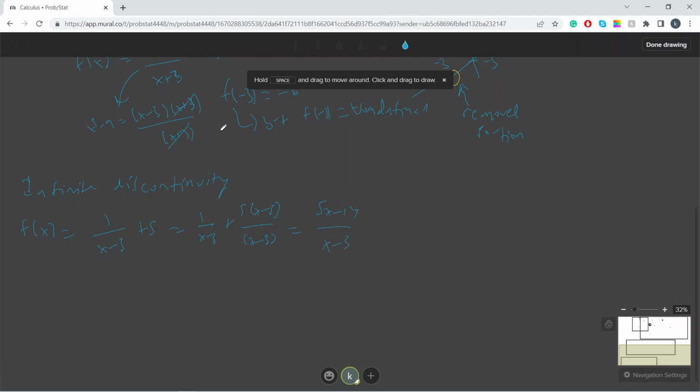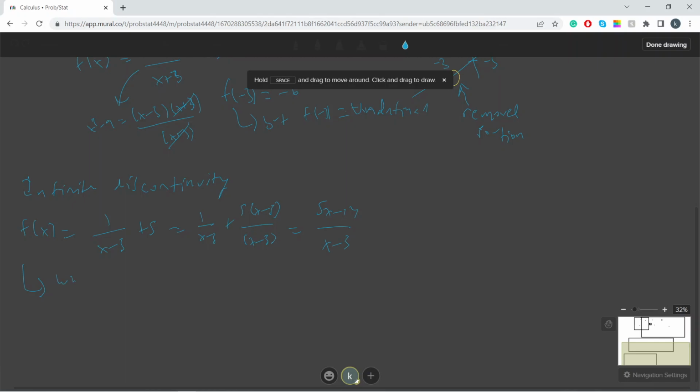So in removable discontinuity, we had this denominator here, but we were able to get rid of it through algebraic simplification and realizing that the difference in squares factoring helped us. But what happens here? There's no way we can factor this 5x minus 14 in a way to remove x minus 3, right? But you might be like, but Karthik, you can't plug in x equals 3, right? Because you'll get a divide by 0 error.